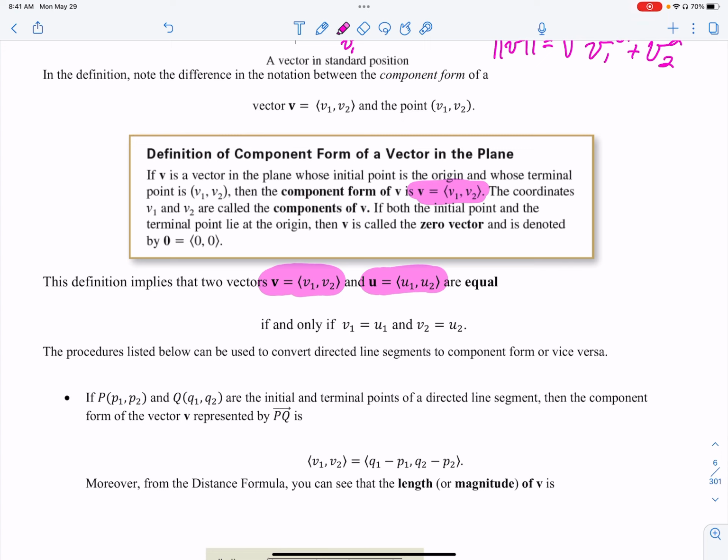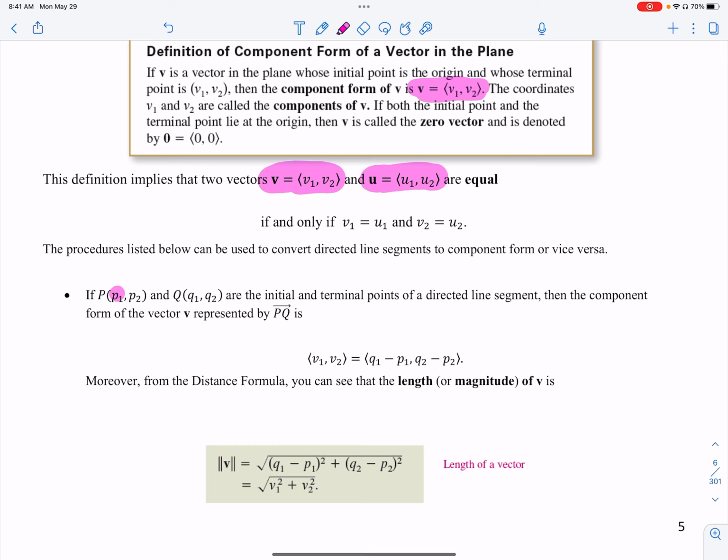Okay, now let's say they gave us an initial point and a terminal point. We're going to do an example of this in a moment. But let's say they said the vector goes from this point to this point here. How we can find that vector, PQ, is we take terminal minus initial in each component.